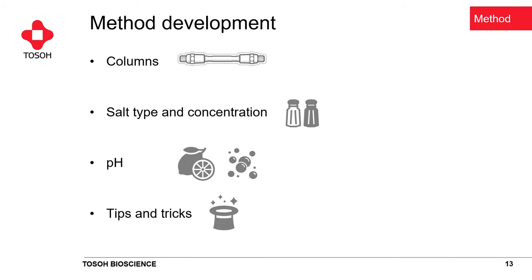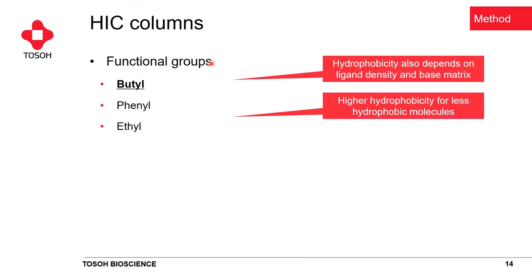In terms of columns, we find columns with different functional groups or ligands on there. So for instance, what Tosoh provides are butyl columns, phenyl columns, and ethyl columns that all have a different hydrophobicity and different selectivity. So as a rule of thumb, for less hydrophobic molecules, you need a more hydrophobic column basically.